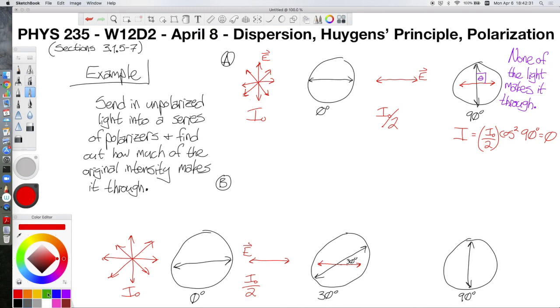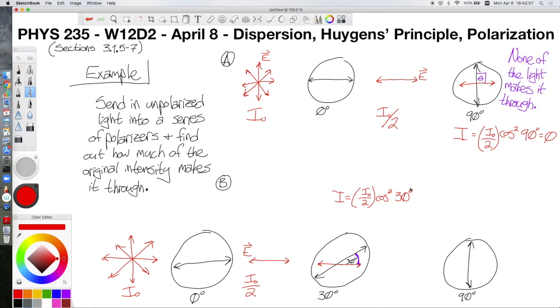So our intensity after this polarizer is going to be the intensity that comes in, I naught over 2, times the cosine squared of the angle between the polarizer axis and the polarization of the light, which is this angle right here, which is 30 degrees.